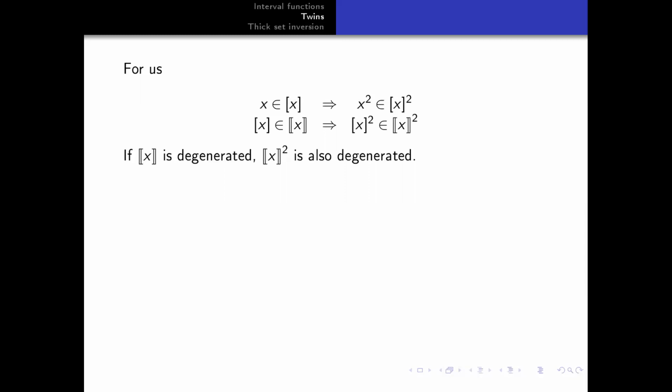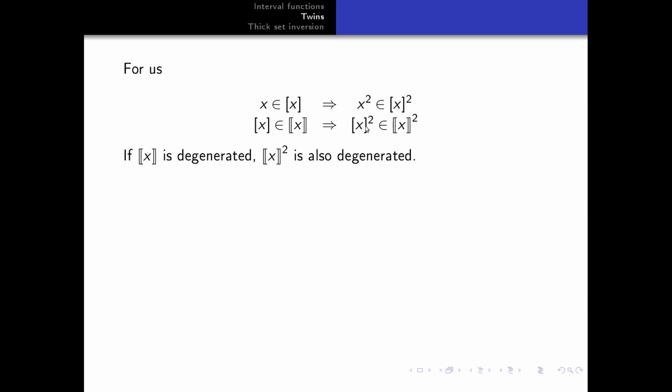So for us, in our semantics, if X is an interval, then if I use classical interval arithmetic, I know that X squared will belong to the square of the interval X. But now, if the interval X is inside this twin, then the square of this interval should belong to the square of the twin. So it is this line which tells us our semantics.